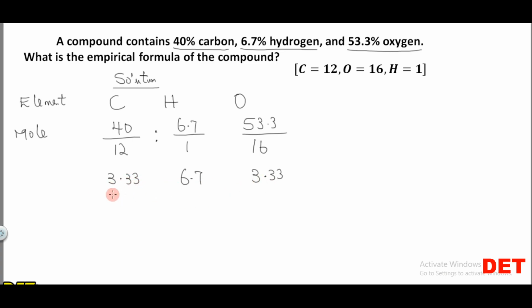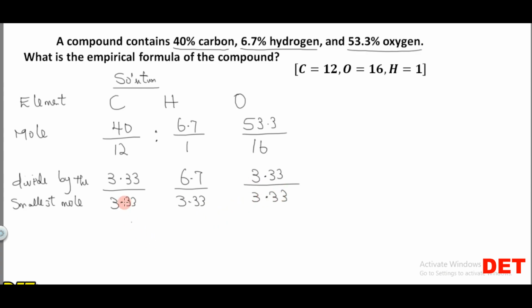So what I will do here is to divide by the smallest mole, or the smallest number. So this will be 3.33 divided by 3.33, because that's the smallest; 6.7 divided by 3.33; and 3.33 divided by 3.33.